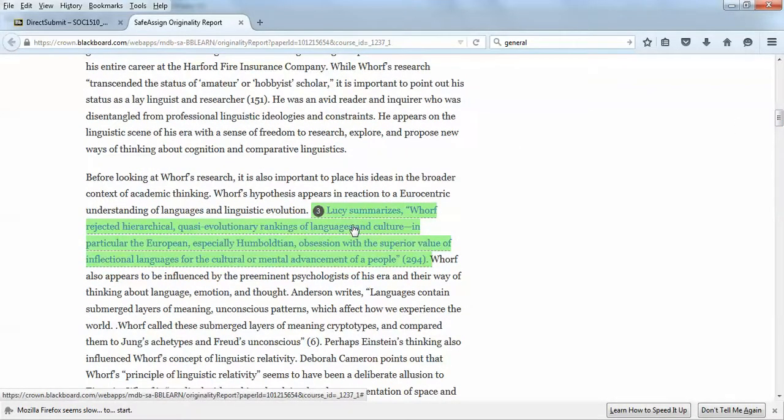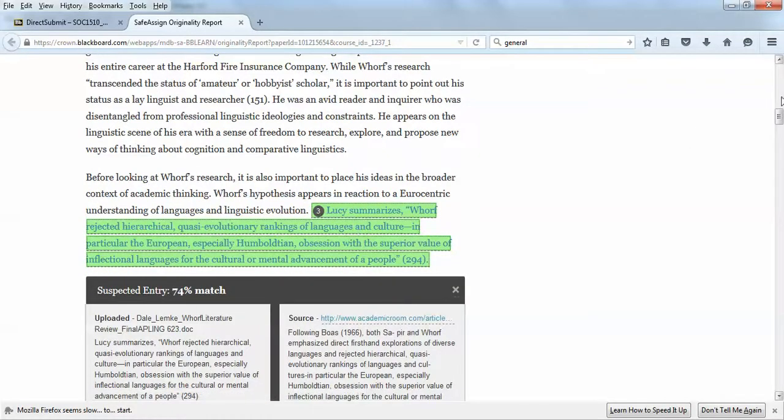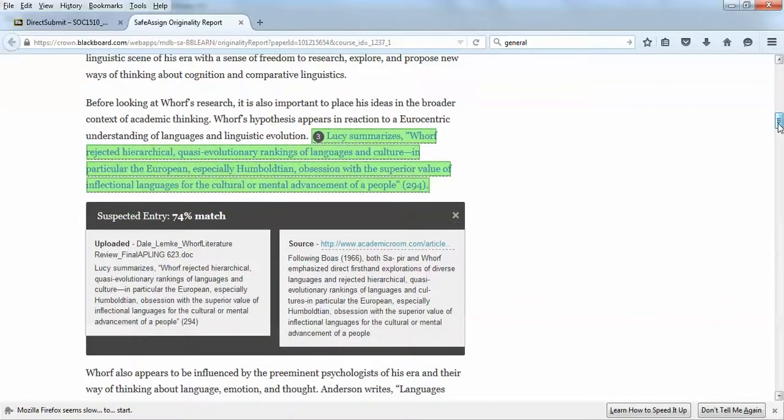Now, interestingly here, there's a quote that is being identified as problematic. Again, the match is not a high number. And when you go look at it, what you're going to actually notice is that in my paper, I've quoted from Lucy. And in this matching source, it appears as if they have summarized Lucy.